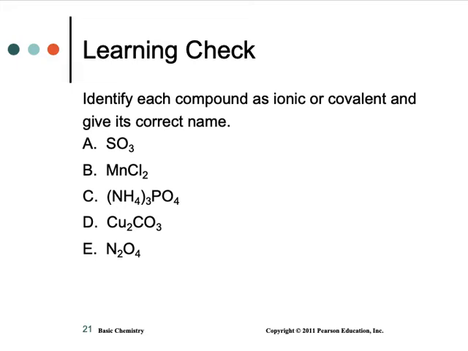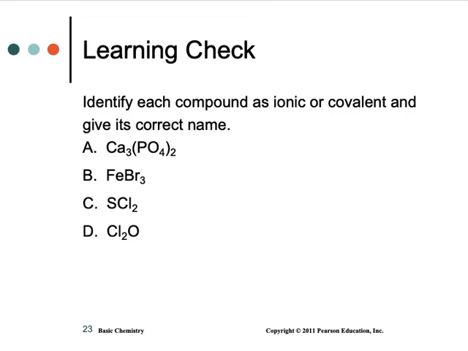Then nitrogen and oxygen are both nonmetals, so this is covalent. Dinitrogen tetraoxide, and then drop the A, tetroxide. Dinitrogen tetroxide. Last one, identify ionic or covalent, and give its name. So you have calcium and phosphate, so it's calcium phosphate. Bromine is in group 7.